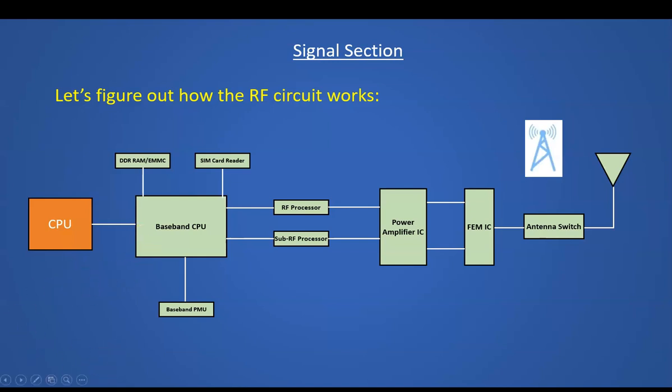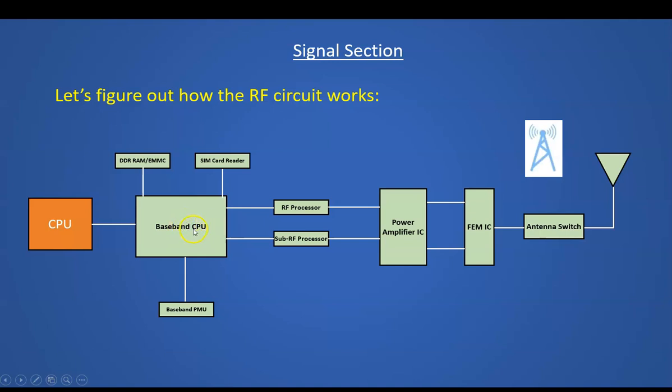Then the CPU carries out the further action, right? The same way, this is during receiving a call. So when we make a call, what happens at that time? The signal goes from the CPU to the baseband CPU, then it converts the voice signal to code, right?